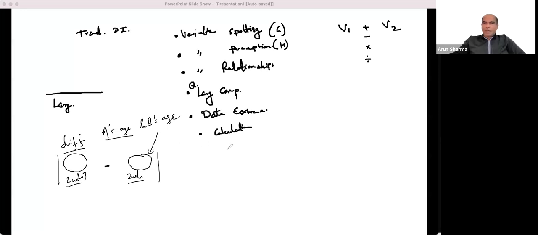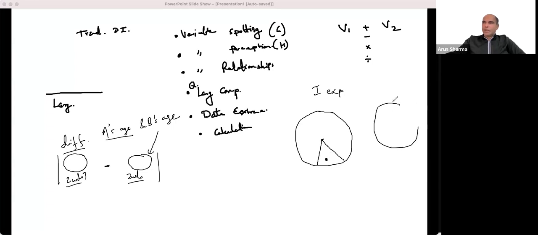In data interpretation, what happens? Suppose I have a pie chart, and this pie chart is talking about India's exports. And I want to find the difference between this number and, let's say, a second pie chart.